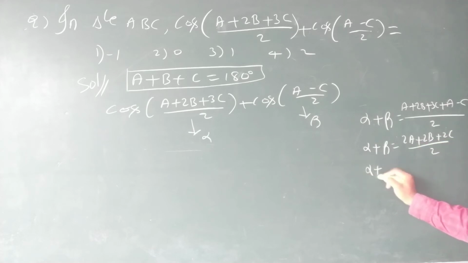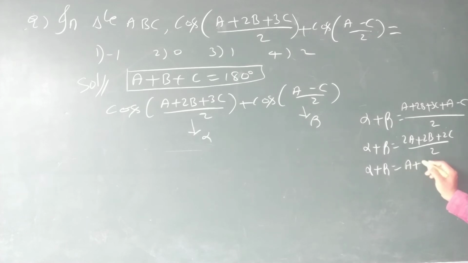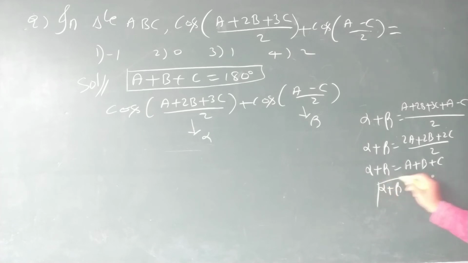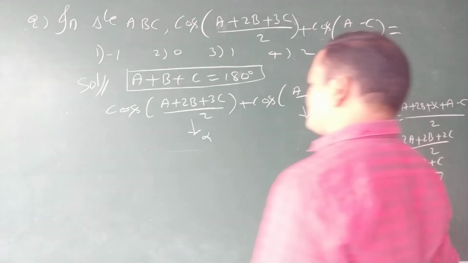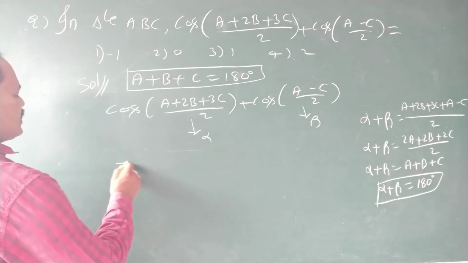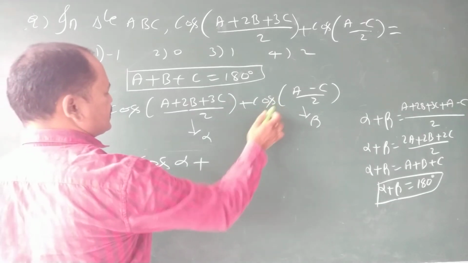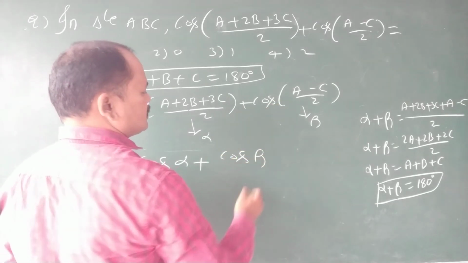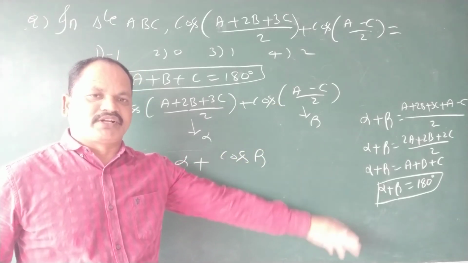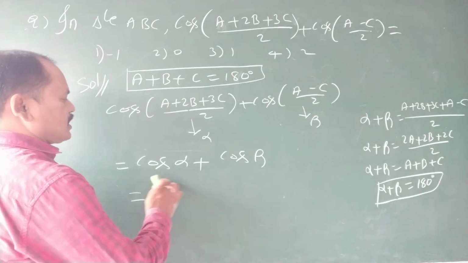That's why alpha plus beta is equal to, 2 is common and gets cancelled, A plus B plus C. Actually what is A plus B plus C? 180. That's why alpha plus beta is equal to 180 degrees.